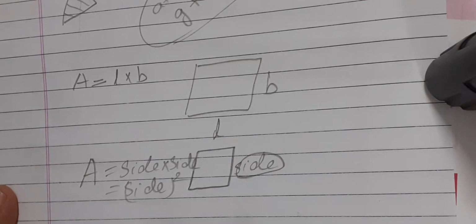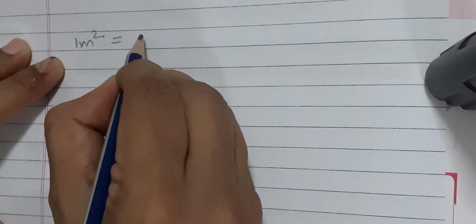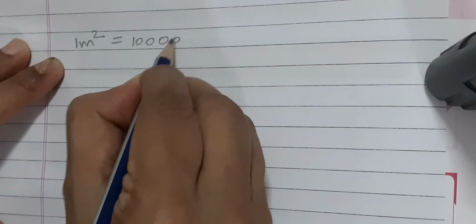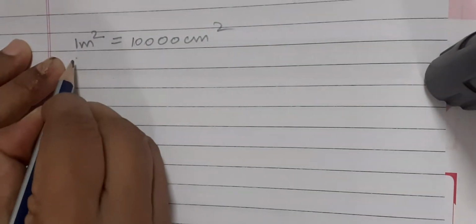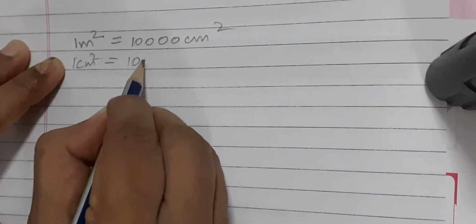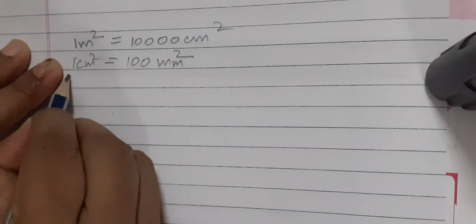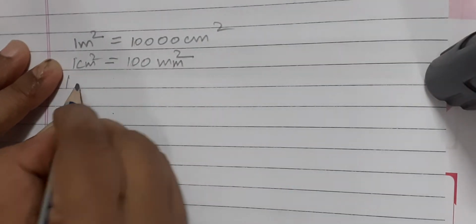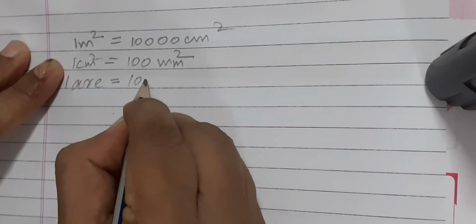Now you have to be familiar with some units of area. 1 meter square is equal to 10,000 centimeter square. This you have to learn. 1 centimeter square means 100 millimeter square. Then 1 are is equal to 100 meter square.